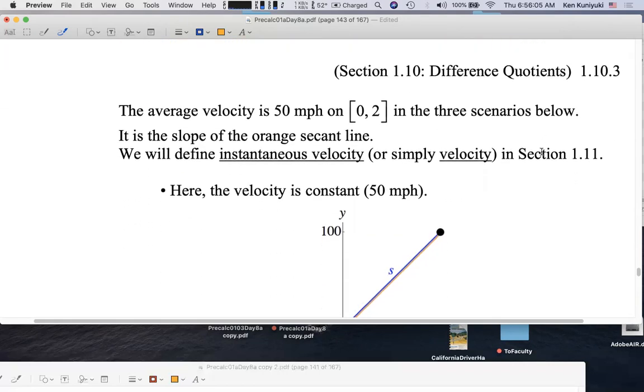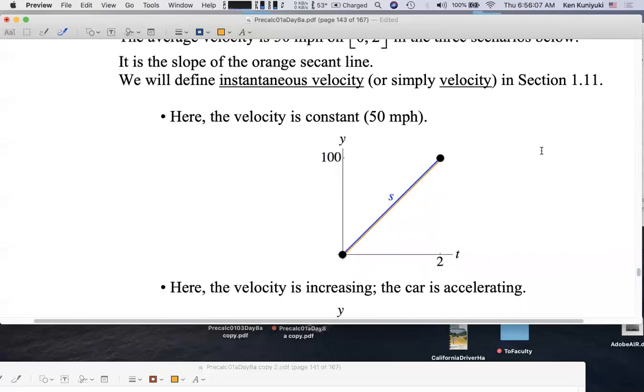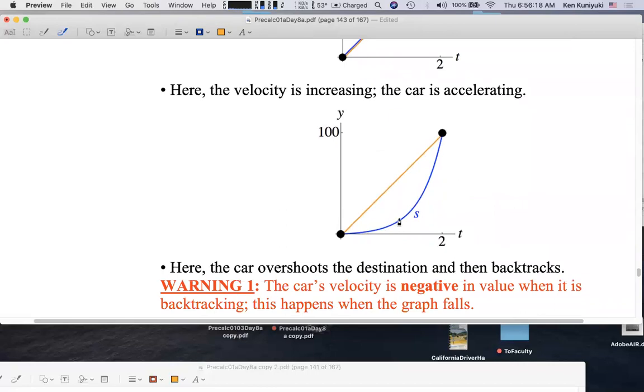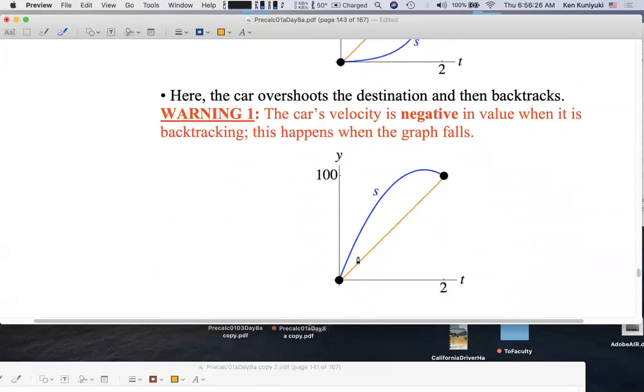So what are some strategies? Well, assuming that you have a clear road that's going due north, you can go steadily, 50 miles per hour, at a constant velocity. Or maybe you start off slowly and then you realize, uh-oh, I better speed up near the end, so I hit that 100 milestone at 2 p.m. Or maybe you panic, you start off going really fast, you might even overshoot and then go backwards.